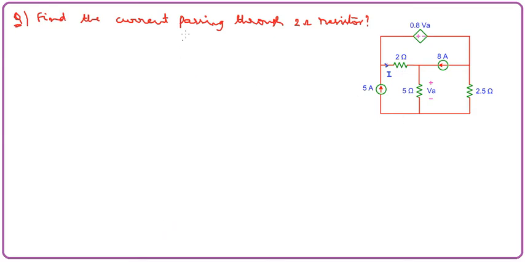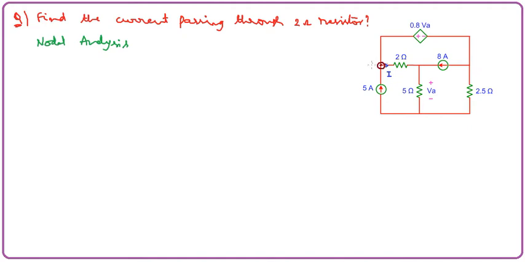So here I like to use nodal analysis. According to nodal analysis, first we need to identify the nodes. So let me identify the nodes here. The first node, yeah, this is one node.